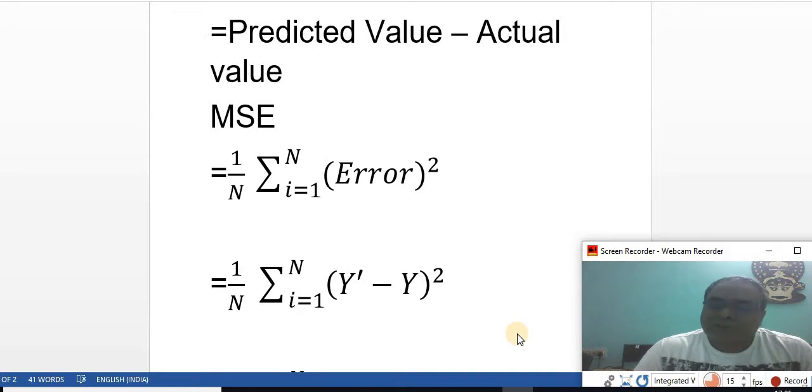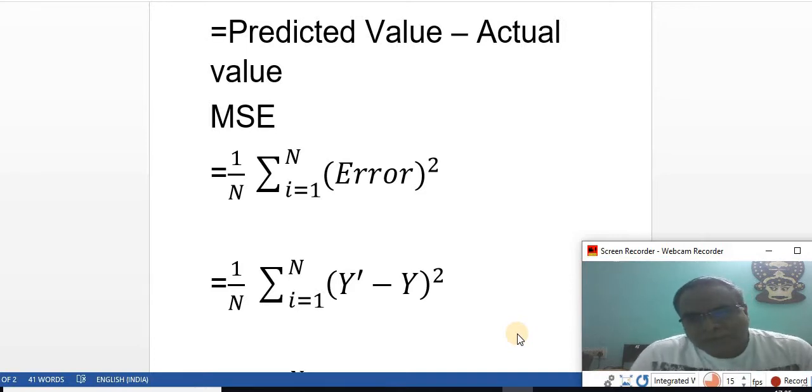Integration is also a type of summation, but it is more accurate and more precise. Here n is the number of samples and i is the index of the data sample, and then error square.